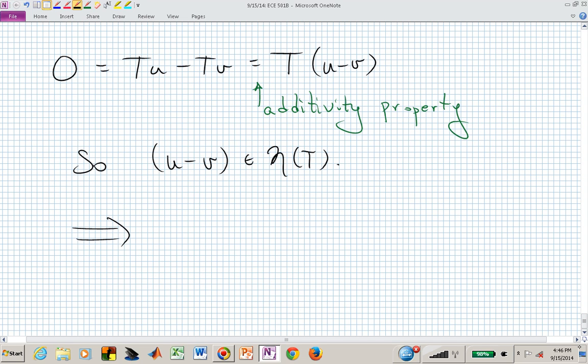So that implies that U minus V must be equal to the 0 vector, since it's in the null space of T. And if that's the case, then U is equal to V.